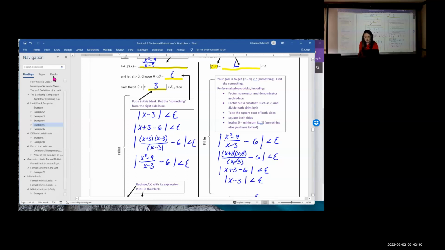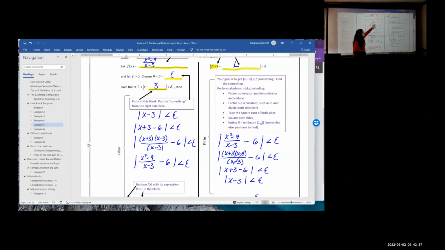So you're literally rewriting the same steps, but backwards on the formal side. You're starting with |x minus a|, and you're proving that that means |f of x minus L| is less than epsilon.